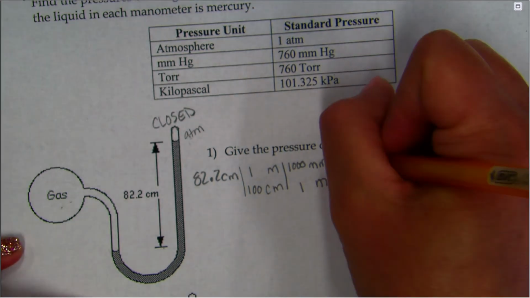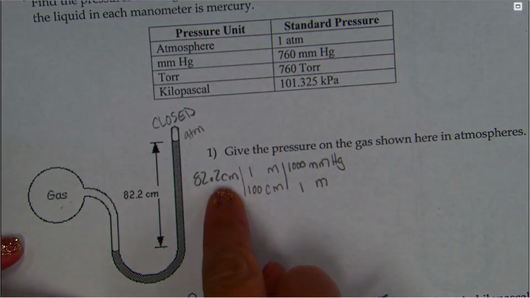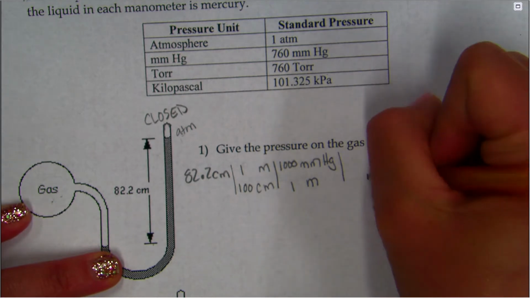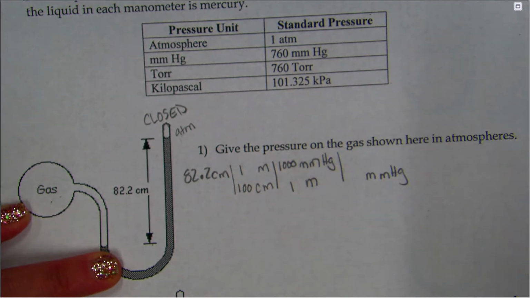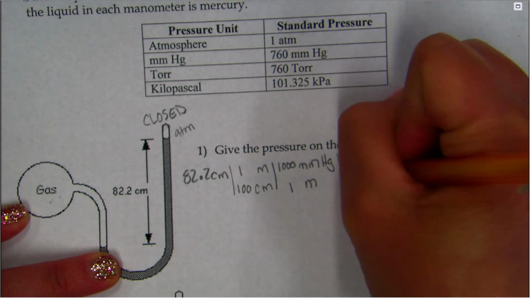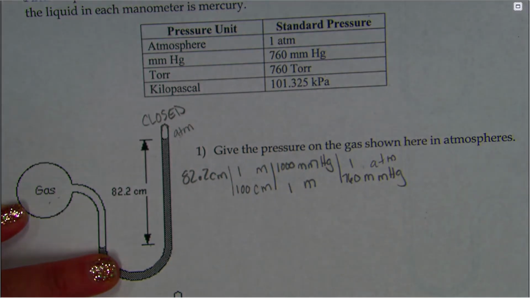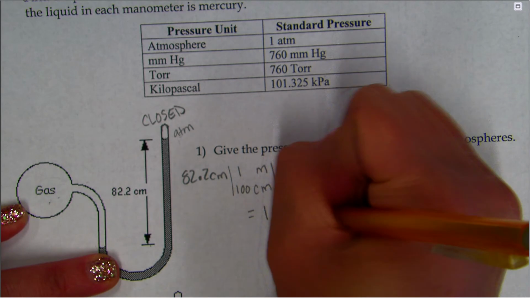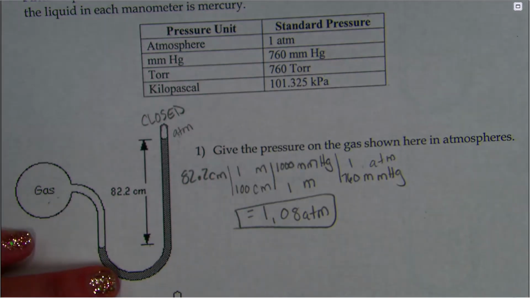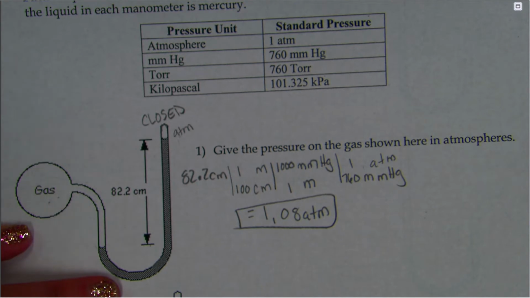And now I am in millimeters of mercury, so I have gone from centimeters to millimeters. And from millimeters of mercury, I can then go to atmospheres, where 1 atmosphere is 760 millimeters of mercury. I plug that in, and I get 1.08 atmospheres. So closed systems are pretty straightforward and basic, okay?